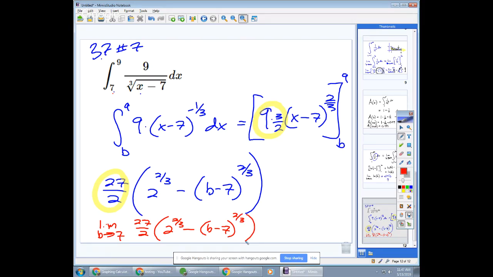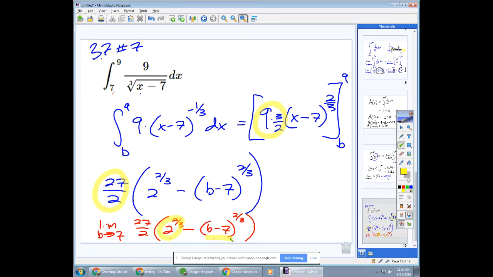The 27/2 is just a constant, so the limit passes through that into this difference. You can separate this into the limit of each part of the difference as long as both limits exist. There is no b in the first part, so that limit certainly exists. So I'm just worried about the limit of that single part as b goes to 7.